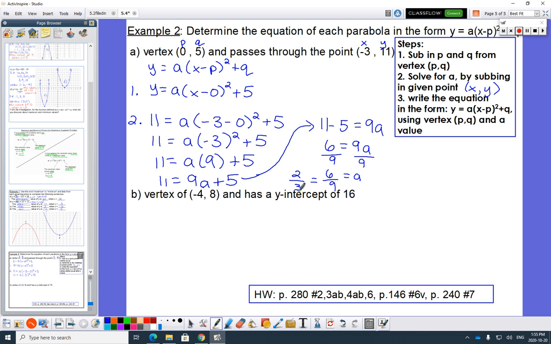If you're going to use fractions. And then step number 4, now we just have to make it vertex form. So y equals, oh, sorry. This is step 3, sorry. So we have a, which is 2/3, x minus p. Even though it's 0, who cares? I'm just going to put in 0.